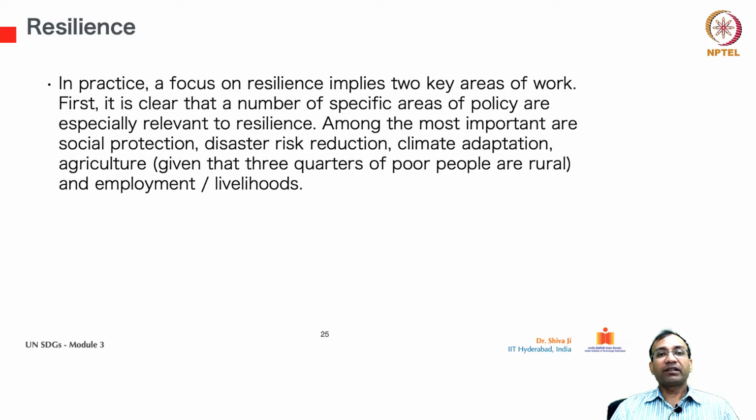Further, in practice, a focus on resilience implies two key areas of work. First, it is clear that a number of specific areas of policy are especially relevant to resilience. Among the most important are social protection, disaster risk reduction, climate adaptation, agriculture, given that three-quarters of poor people are rural, and employment and livelihoods.